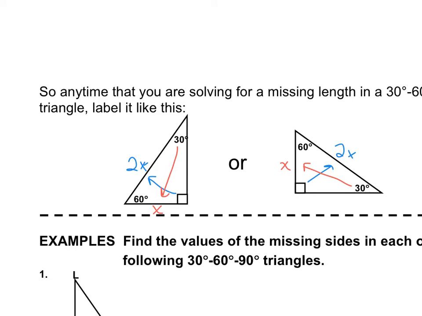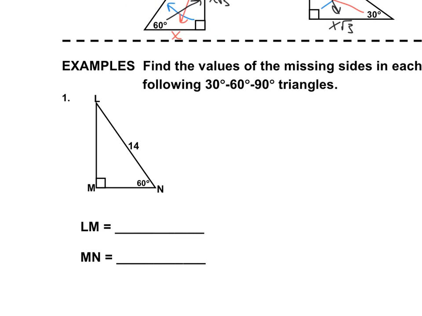And then our last one is across from the 60. That's where we get our x square roots of 3. On this one, we'd have our x square roots of 3. So keeping that oriented is a little tougher than the 45, 45, 90. So across from 90 is the 2x, across from 30 is the x, across from 60 is the x square roots of 3.